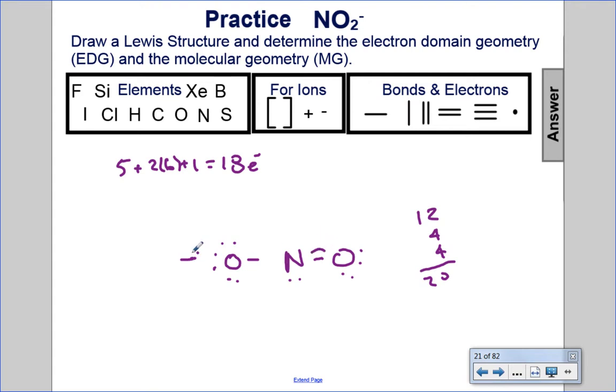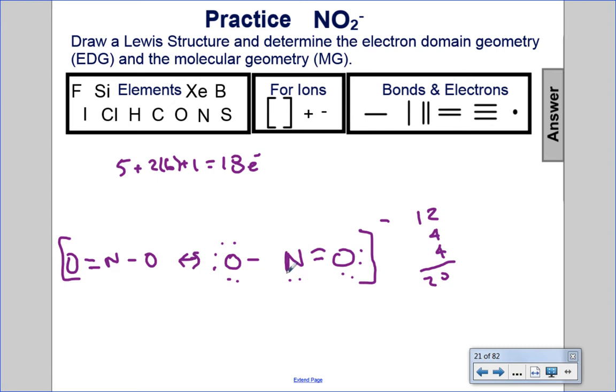Technically, to do it correctly, you would have to do this, this, a double bond without drawing the unpaired electrons. You're going to get something that looks like this, and technically to do this exactly right, we have to put brackets around the whole thing and a negative charge. But for doing this process, you don't need all of that.